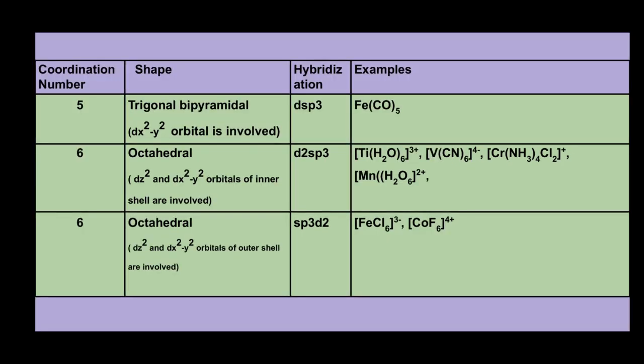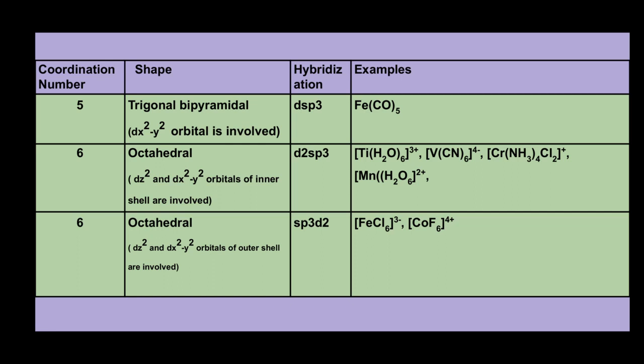Similarly, in trigonal bipyramidal complexes, the hybridization is dsp3 and the example is pentacarbonyl iron.